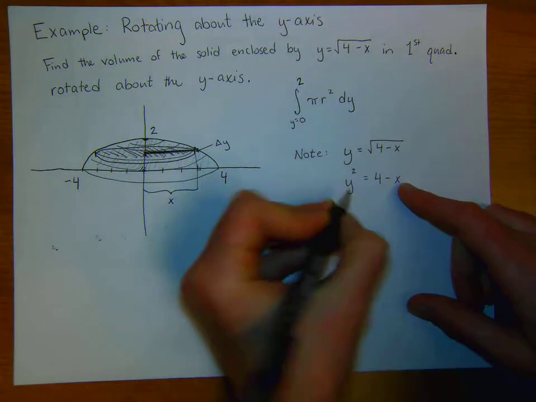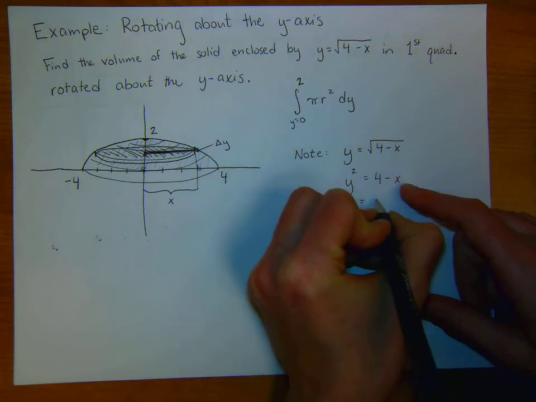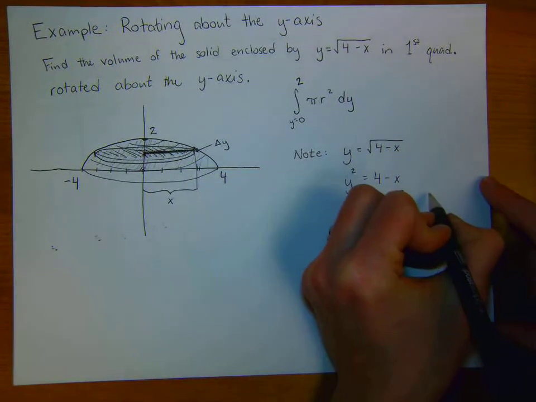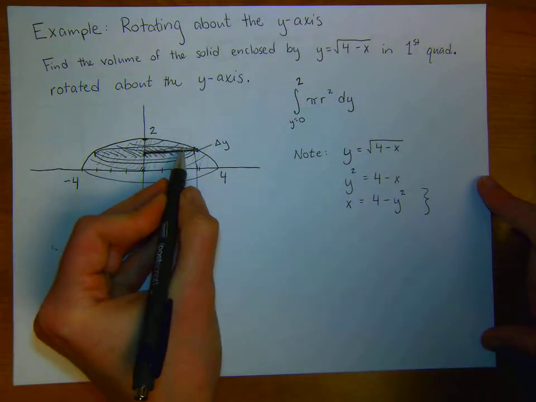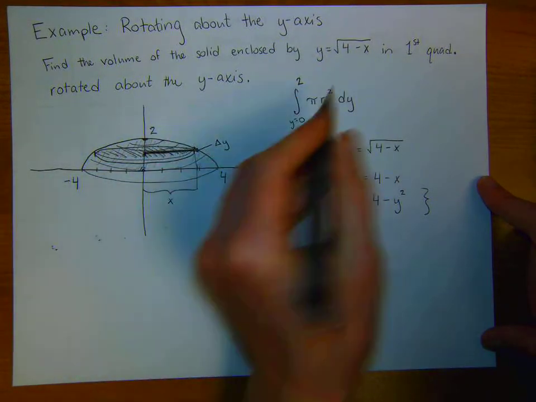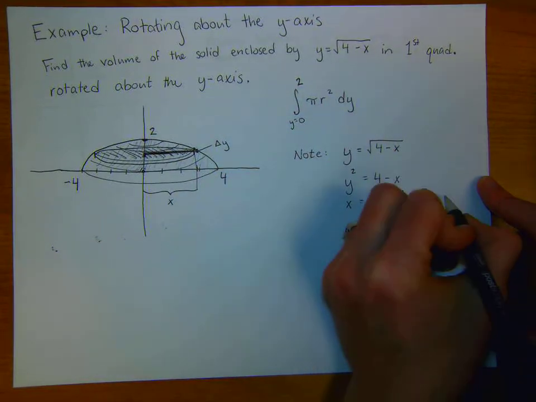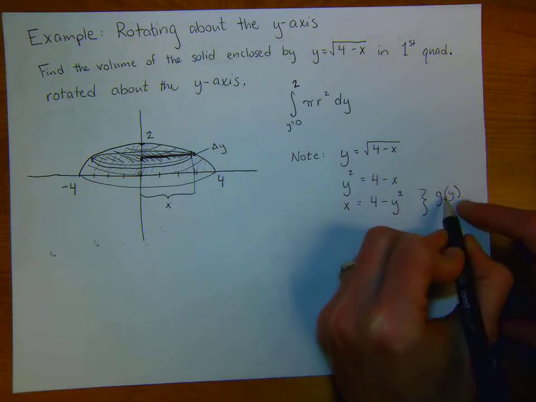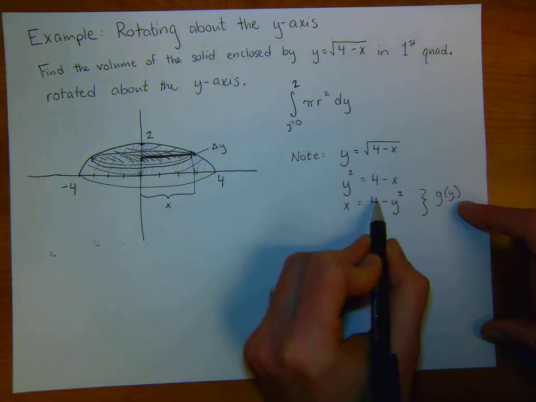And solving for x, I get x equals 4 minus y squared. So instead of having this function, f of x, I now have a new function, g of y, a function that is the same function but just rewritten as a function of y.